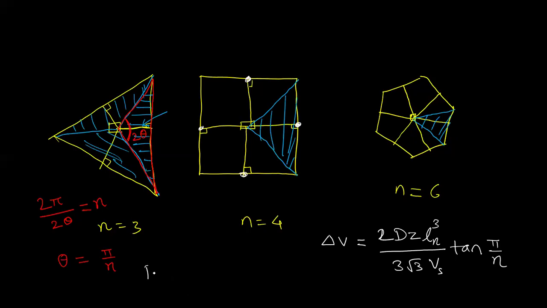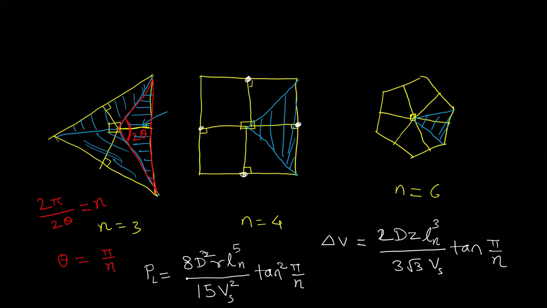Similarly, the power loss expression. It is the same expression, copy paste I will do. So that will be 8 d square r L to the power 5, L suffix n will come there, divided by 15 Vs square into tan square of theta, tan square of pi by n.